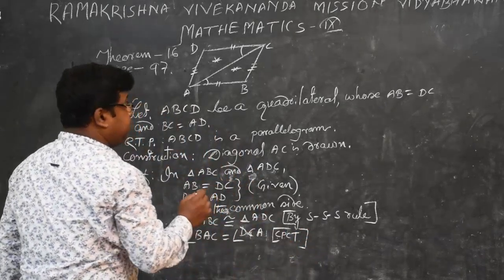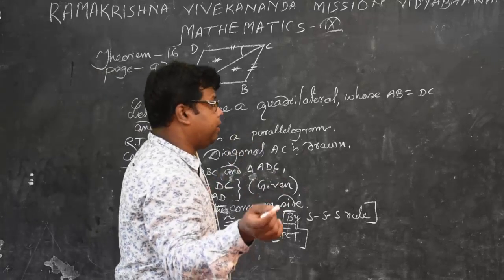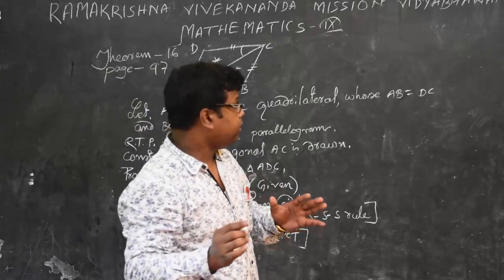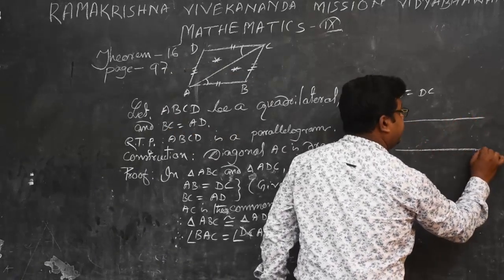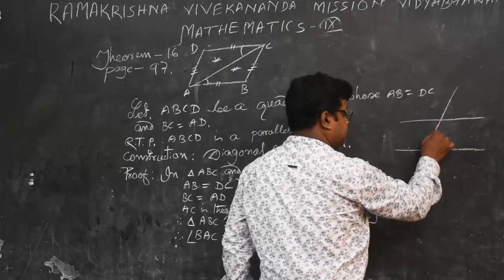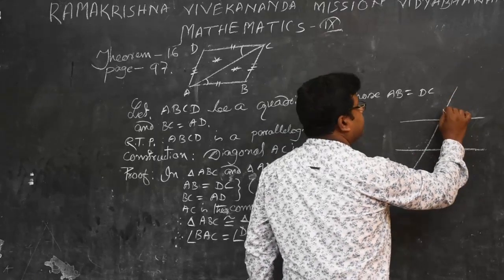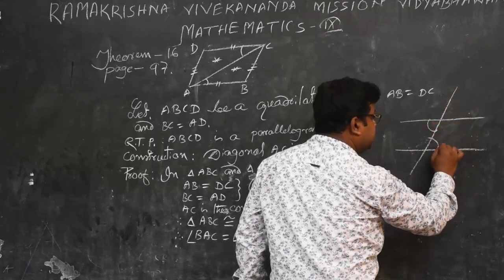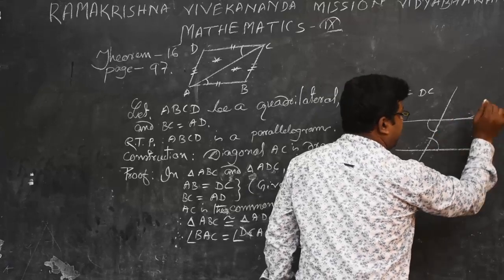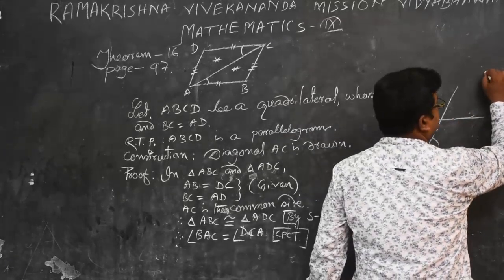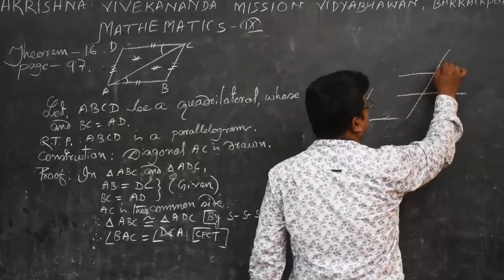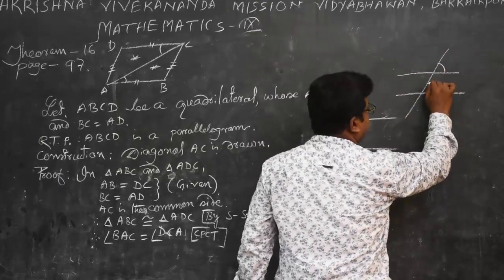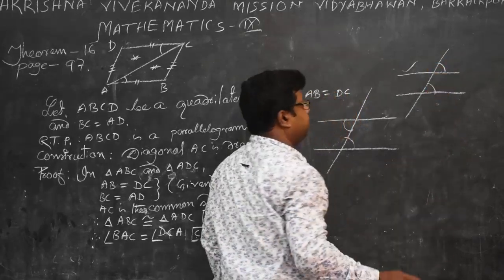Now see, when two straight lines are cut by a transversal, if the alternate angles are equal, then the lines will be parallel. If any transversal cuts two other lines and the corresponding angles are equal, then the lines are parallel.